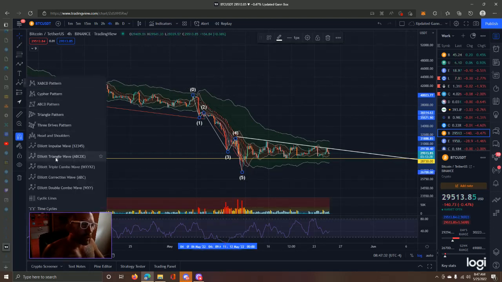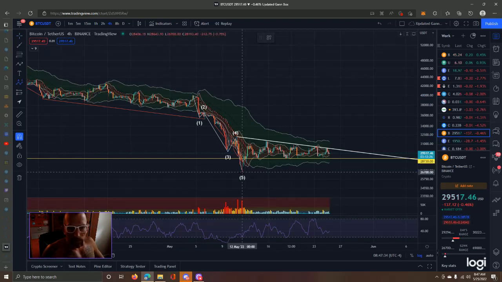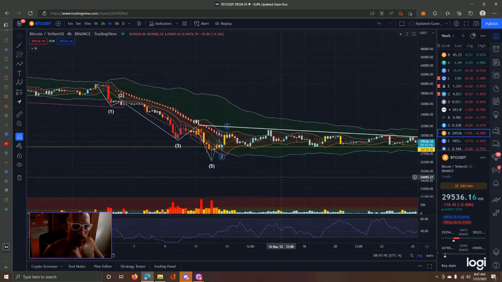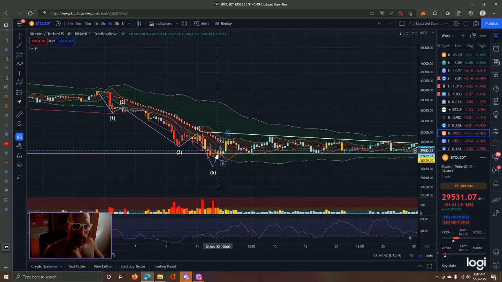So I'm trying to make this quick. After that, we have our ABC corrective move, which is always a three-wave move where wave B ends higher than wave 5 ended. So it's a 1, 2, 3.